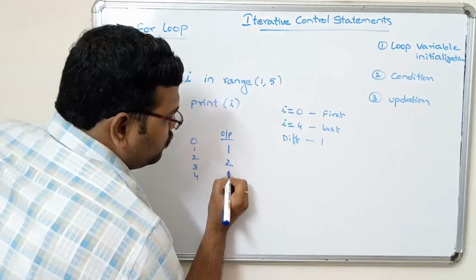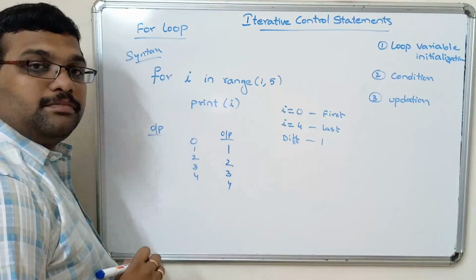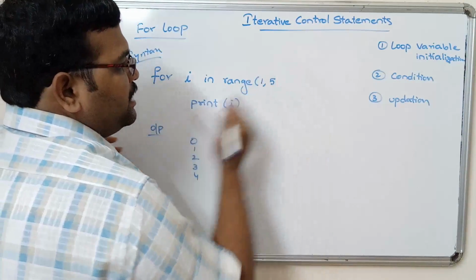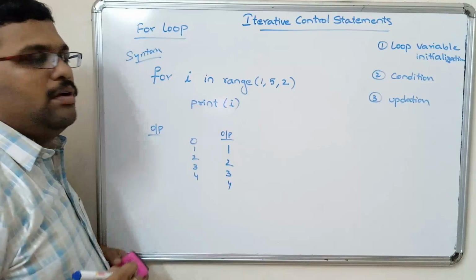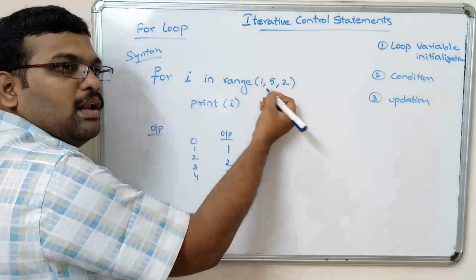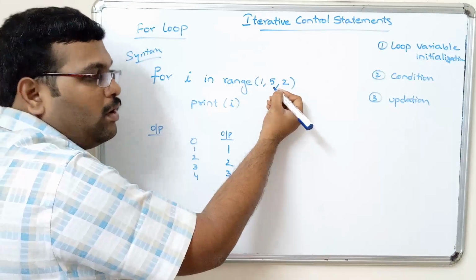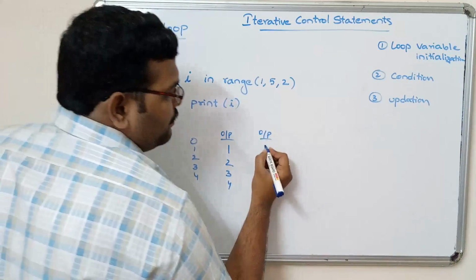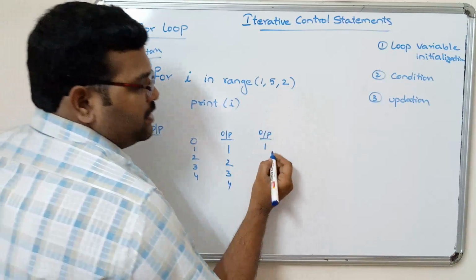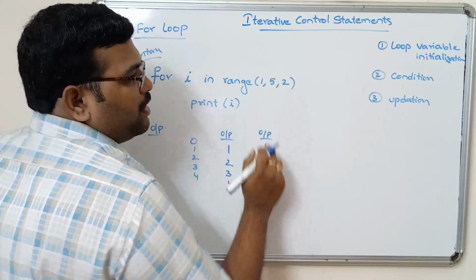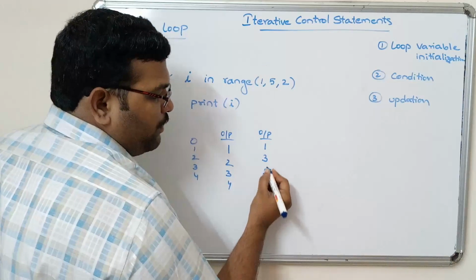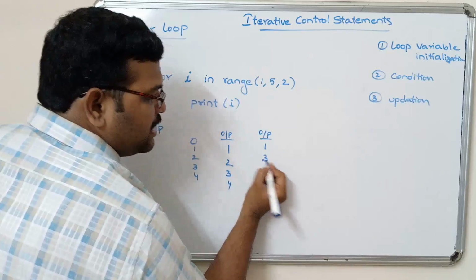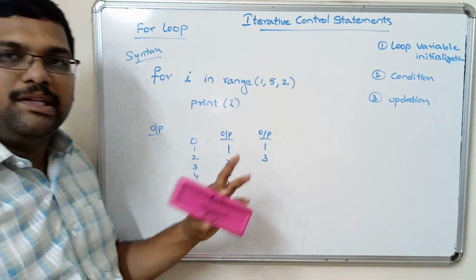So 1, 2, 3 and 4. Next, if you mention here 2, that means start is 1, last element is 5 minus 1, that is 4, and the difference is 2. The output for this one is first start 1, with difference 2 it is 3, with difference 2 it is 5. But 5 is not included because the last element is 5 and only 4 is the last possible. So 1 and 3 is the output for this.